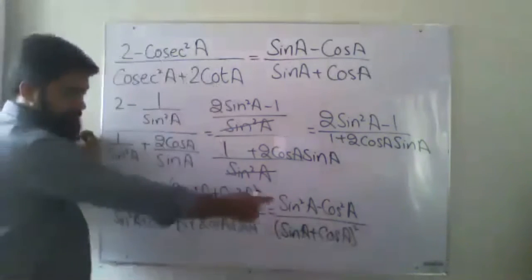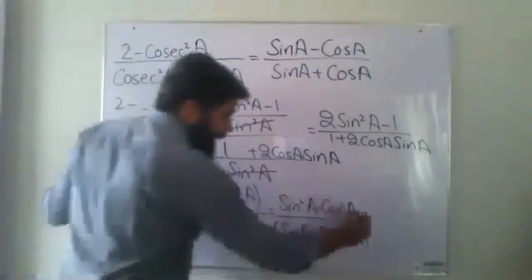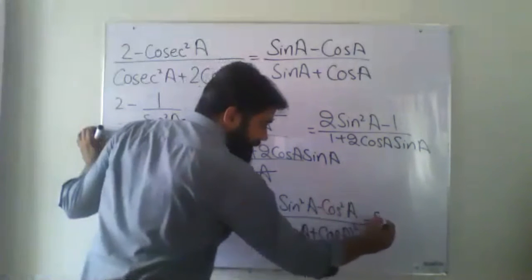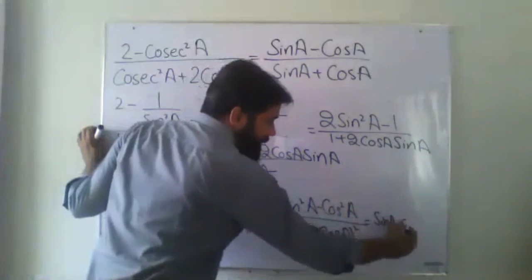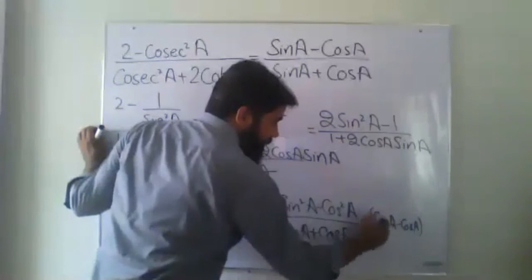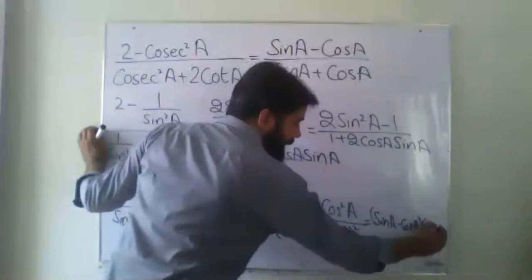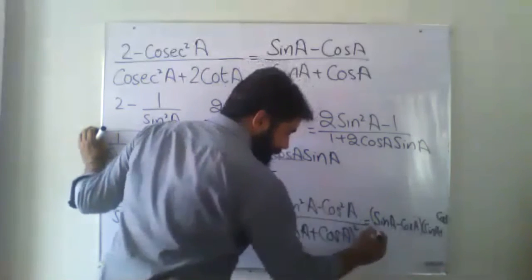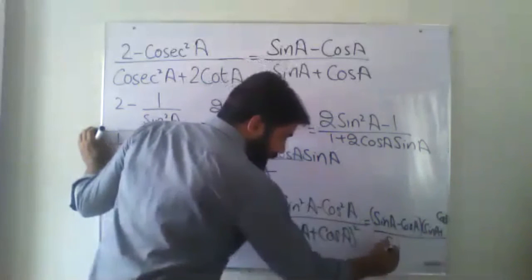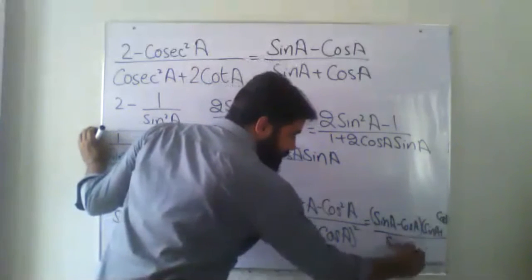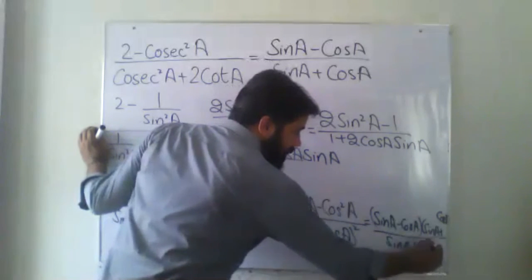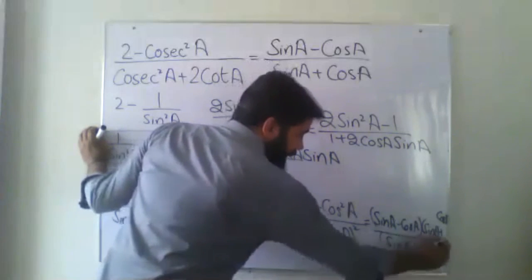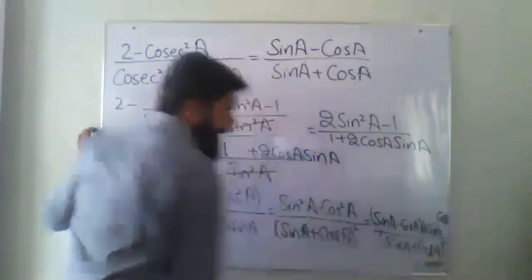After this, in the numerator I can apply the identity, giving sine A minus cos A times sine A plus cos A, and in the denominator I have sine A plus cos A whole square, and this will cancel.